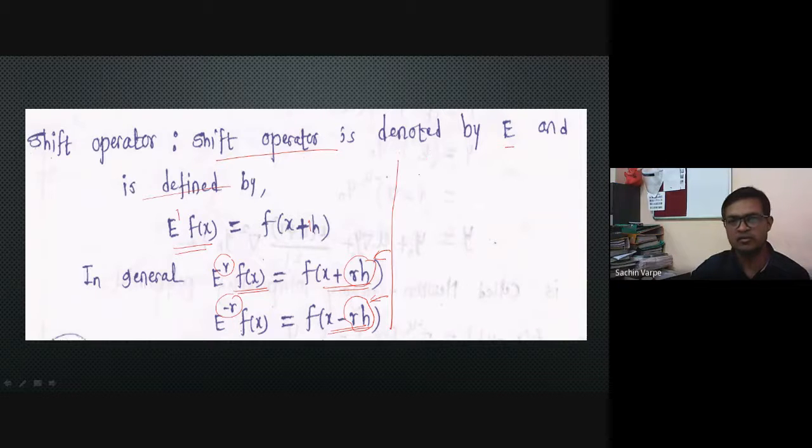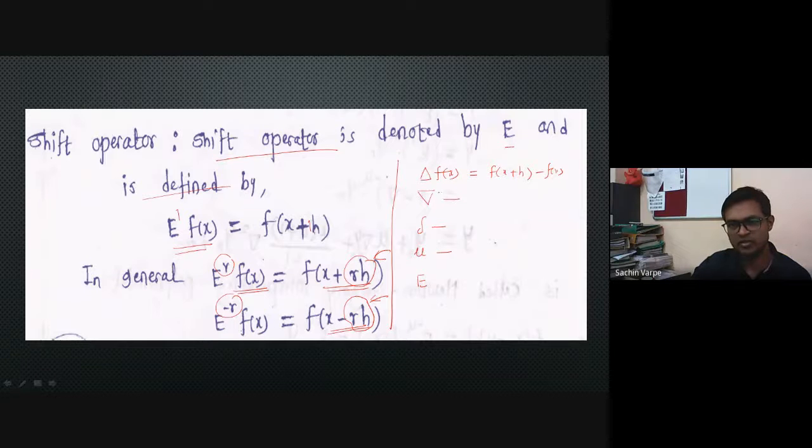So these are all the operators we have seen. Let me recall. First is forward difference, which is denoted by delta. Then backward difference, which is del. Then central difference, which is small delta. Then average operator, which is mu. Then shift operator, which is E. So when I operate this onto f of x, that is f of x plus h minus f of x, right?